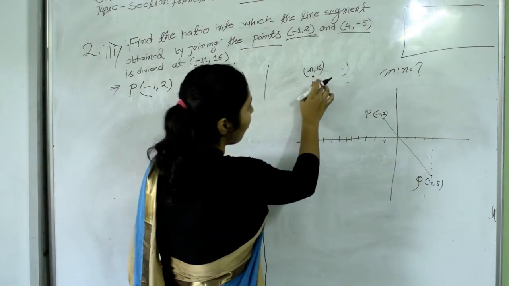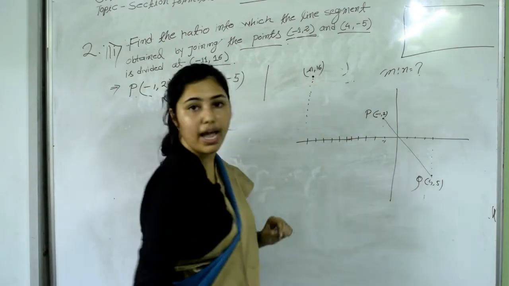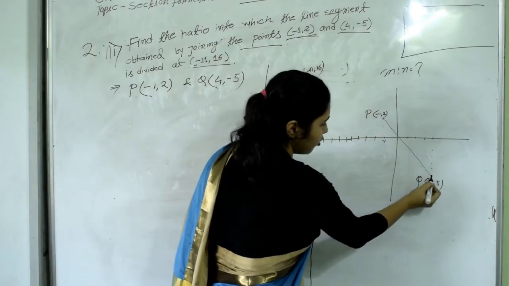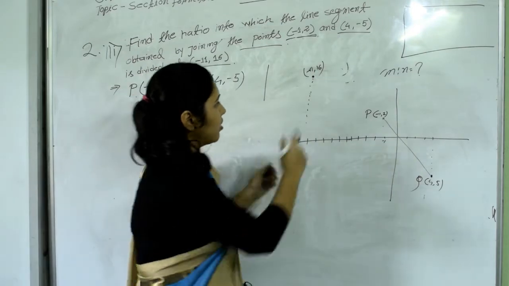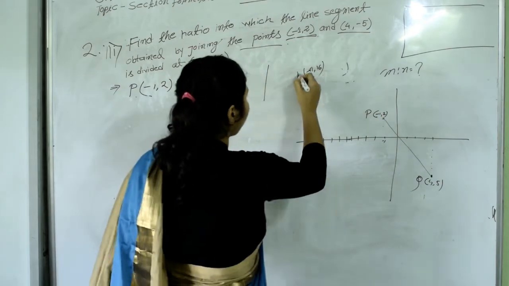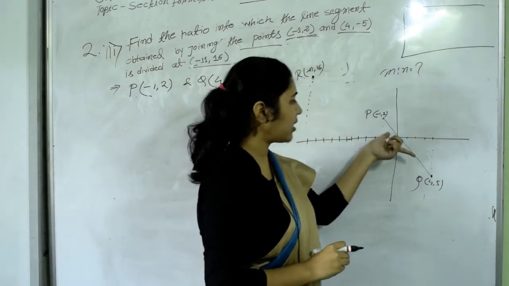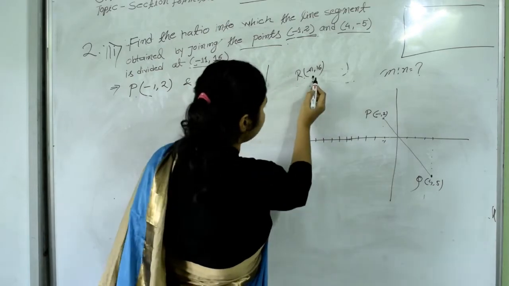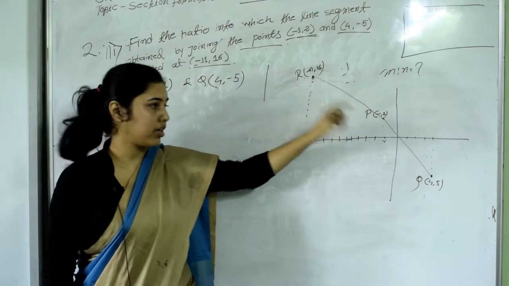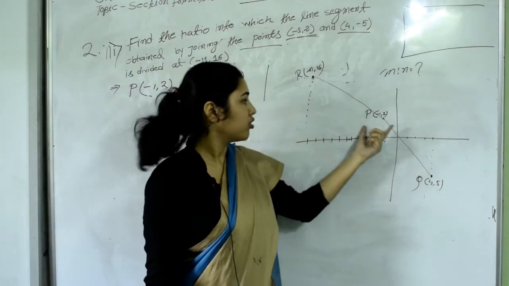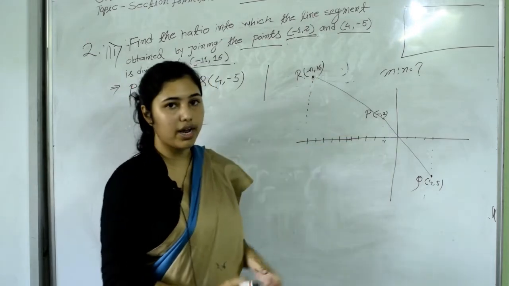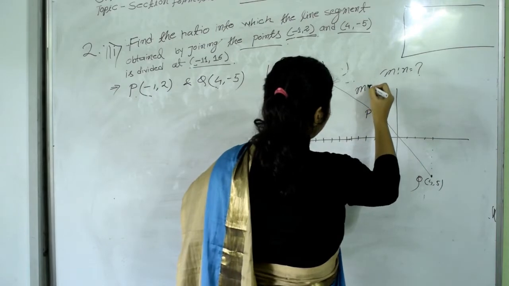Clearly this point is not between P and Q, right? Because this is the point P and this is the point Q. So clearly this point is not between P and Q, which means this point R divides this line segment PQ externally, like this. So this point R divides this line segment PQ externally, suppose in the ratio m:n.